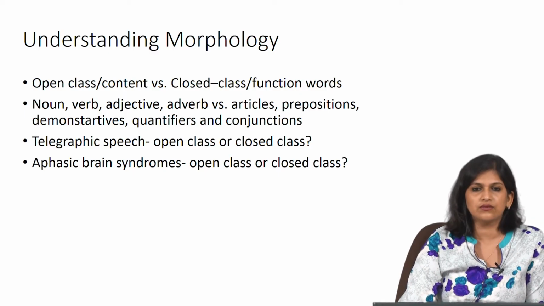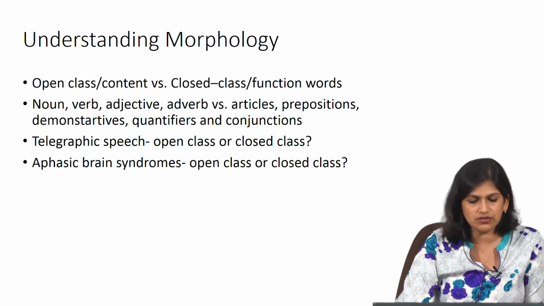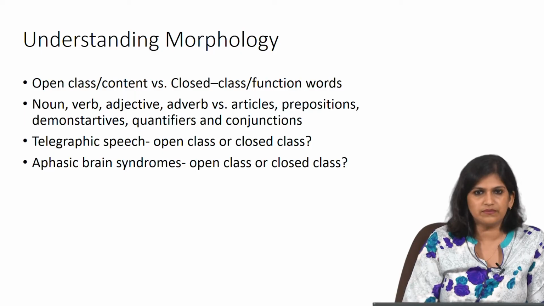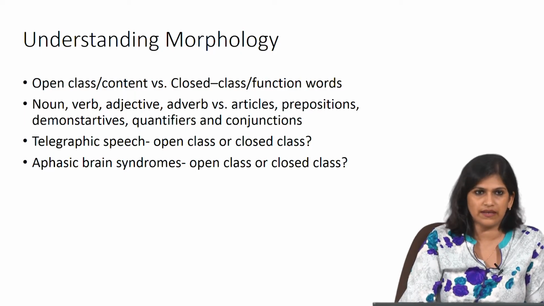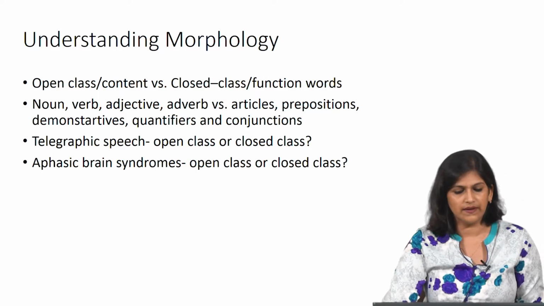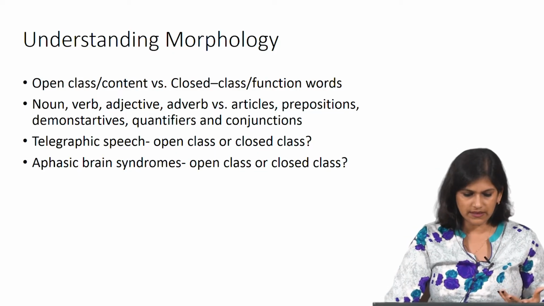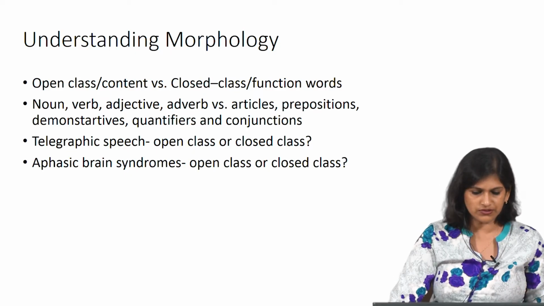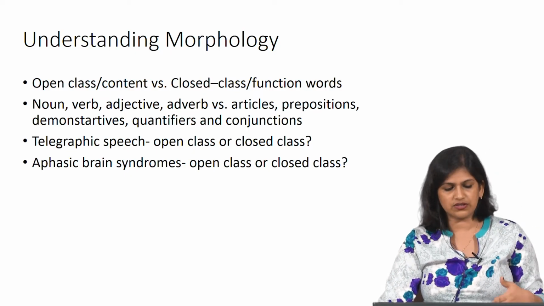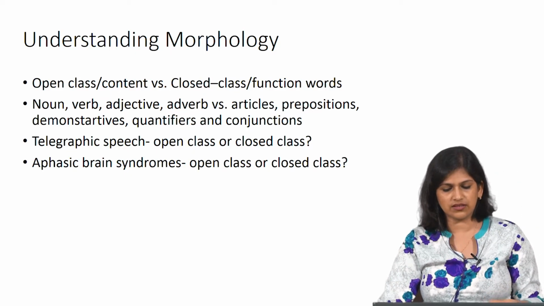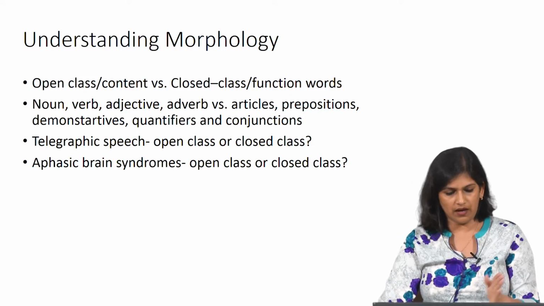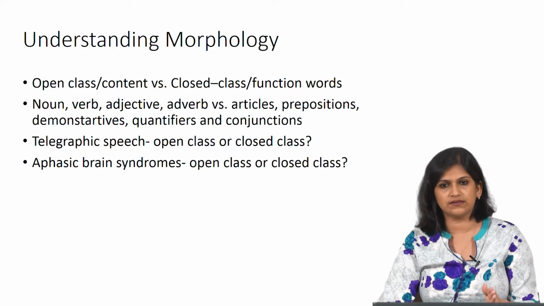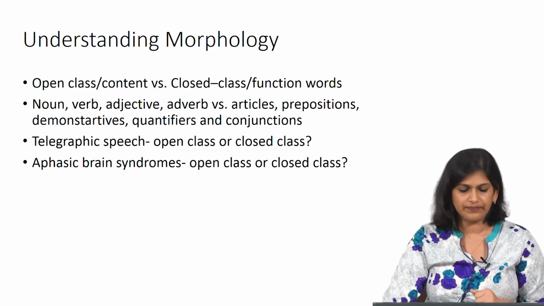The closed class words would be the prepositions, conjunctions and most of the time the pronouns. So, this I have already discussed: articles, prepositions, demonstratives, quantifiers and conjunctions are in the closed class. So, one is the closed class, the other one is going to be the open class.